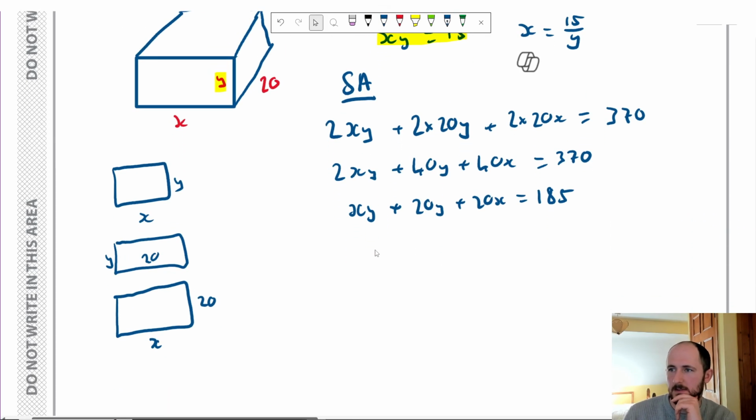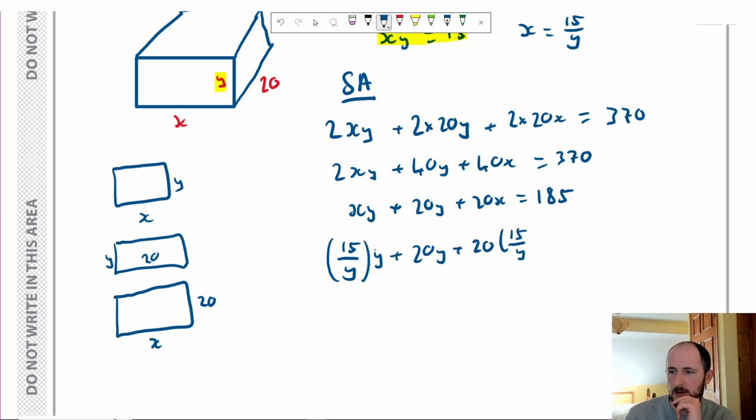Let's sub that in. So we have 15 over y times y plus 20y plus 20 times 15 over y equals 185. So those y's there cancel. That's still 20y plus 20 times 15, that would be 300 over y equals 185.